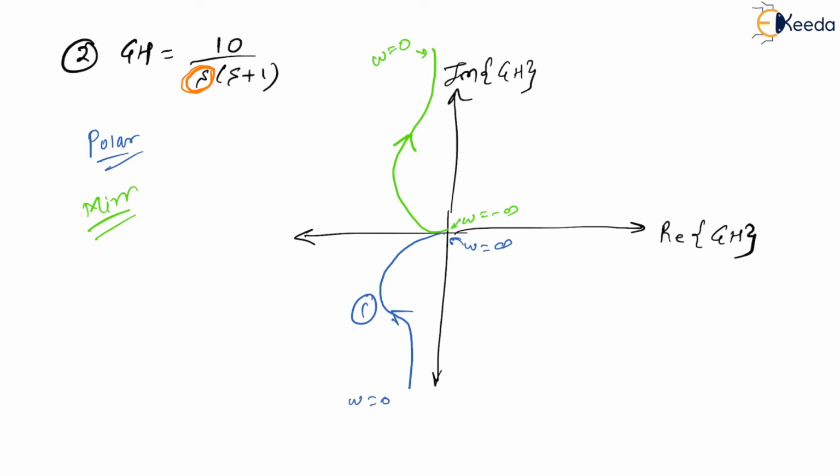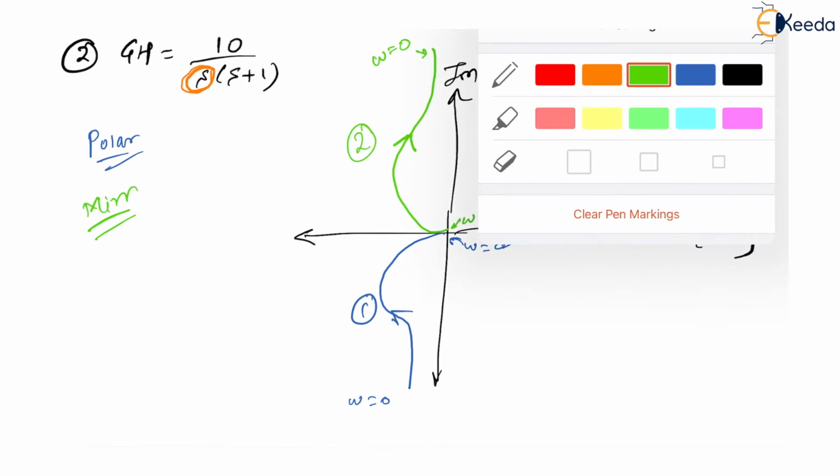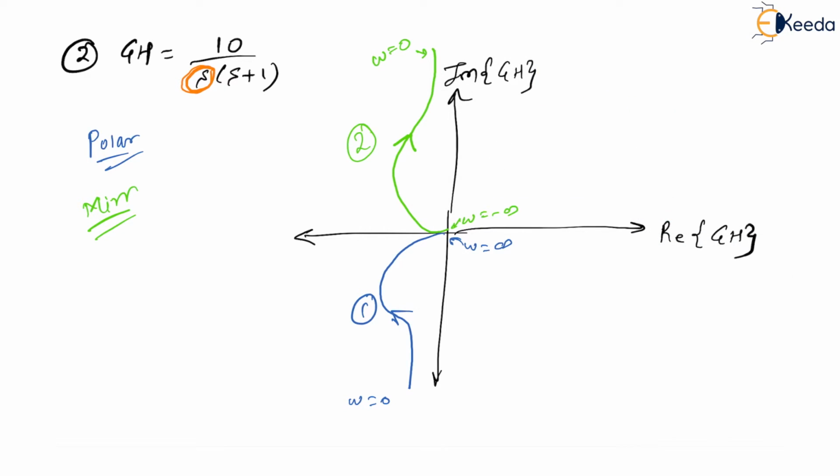This was the first step, this was the second step. So from second end to first end, you have to draw the semicircle, infinite radius semicircle, and the direction is going to be this way. So this becomes your third step.